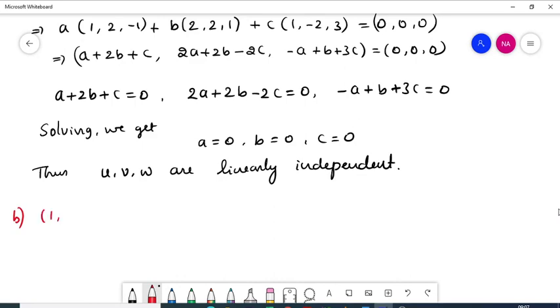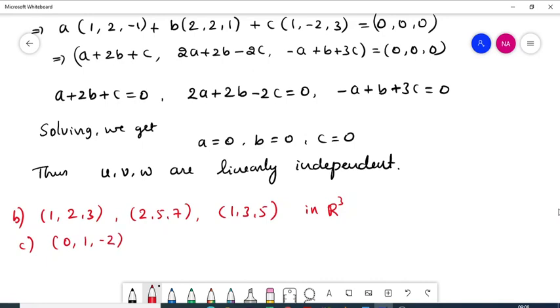So set B is 1 2 3, 2 5 7, 1 3 5 in R power 3. C: 0 1 minus 2, 1 minus 1 1, 1 2 1, again in R power 3.